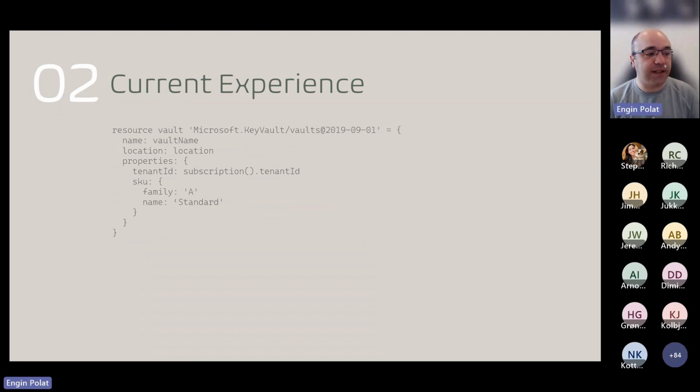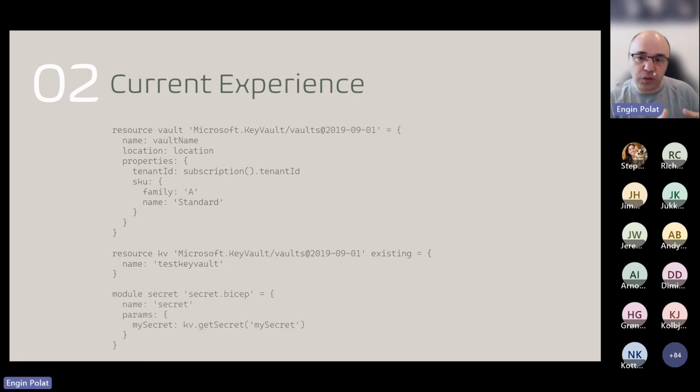The current experience is like this. We can define a Key Vault resource in a Bicep file and create the Key Vault first, or get a reference to an existing Key Vault. Then we can use this resource to reference a secret. But the thing is, this kv.getSecret function must be used in a module.